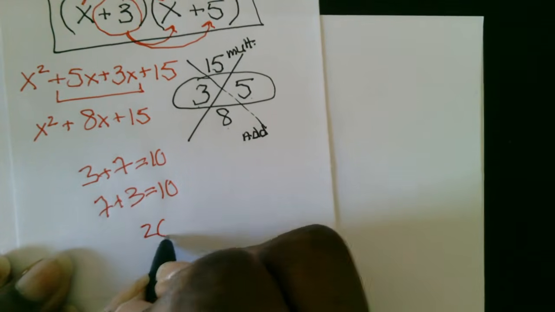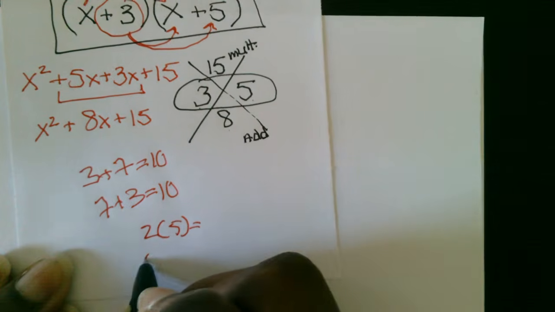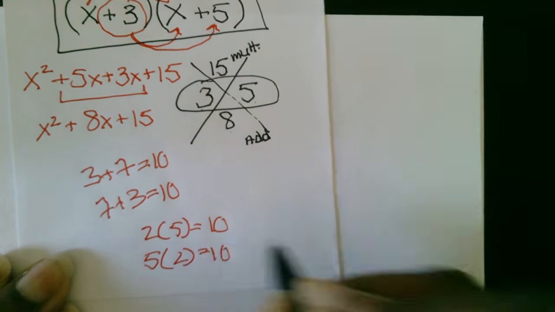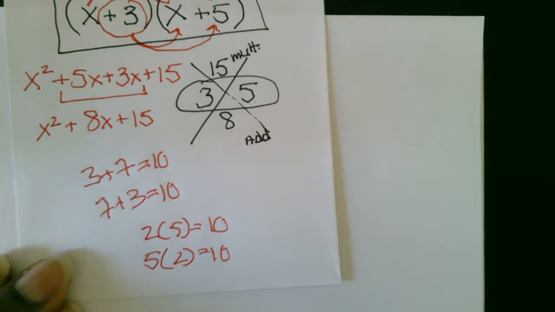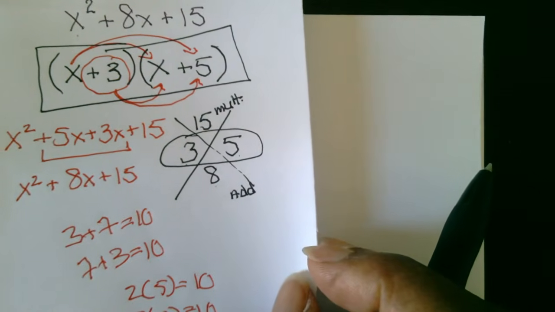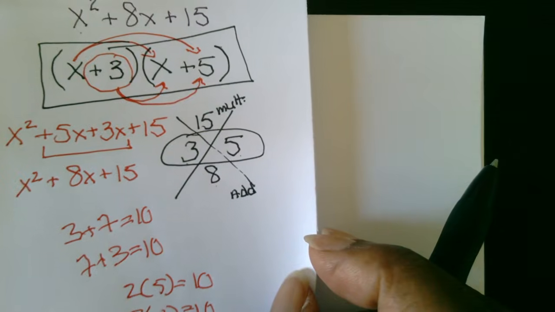If I said 2 times 5 or 5 times 2, you get the same result, which is 10. So it doesn't matter which one goes first.